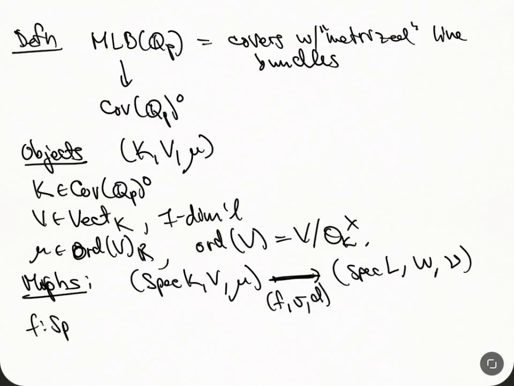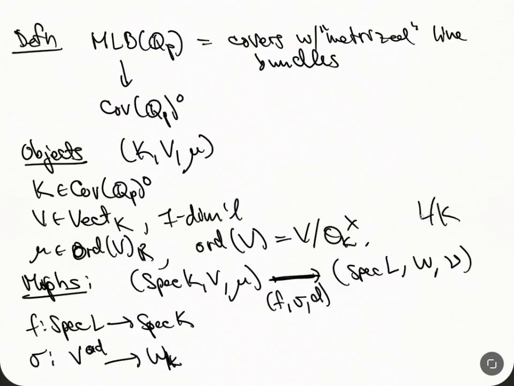F is just going to be a normal map like this. So it's just a cover. Sigma is going to be a map to W, and then we're going to restrict scalars to K. So L sits over K. This is an L vector space, so we can consider it as a K vector space.